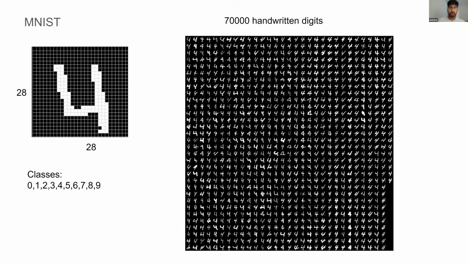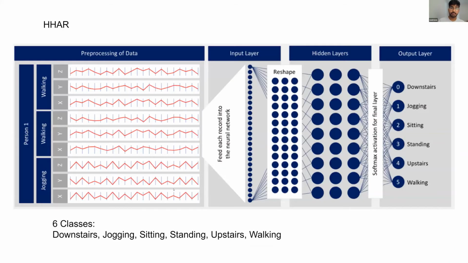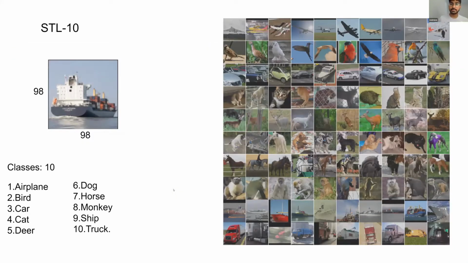I just want to show you how the MNIST data set and the other data sets look. MNIST is basically handwritten images of 28 by 28 pixels, with classes 0 to 9. Next slide, please. This is the STL data set, where you can see all the digital color images.